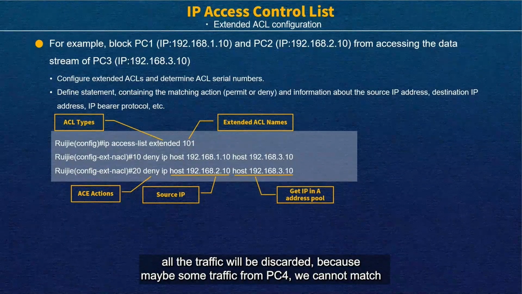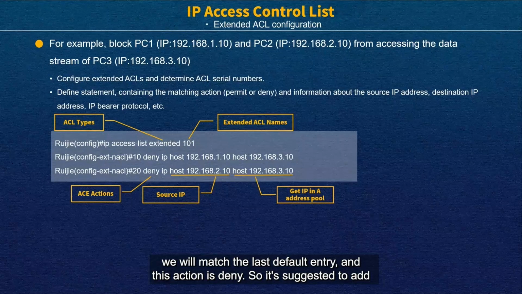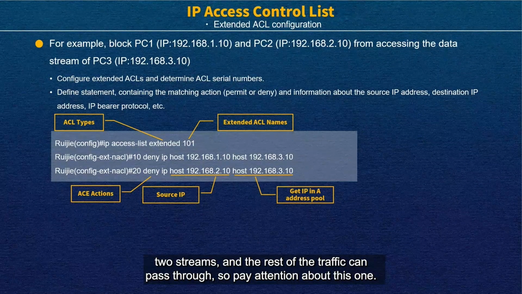Because some traffic from PC4 cannot match the sequence 10 entry and also cannot match sequence 20, right? Finally, it will match the last default action, which is deny. So I suggest adding an entry at the end, for example, permit any. That means you only stop these two streams and the rest of the traffic can pass through. So pay attention to this one.